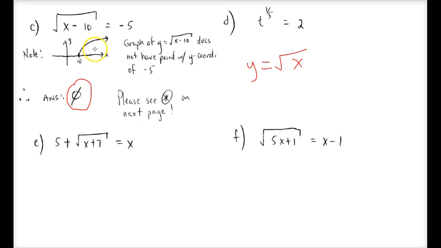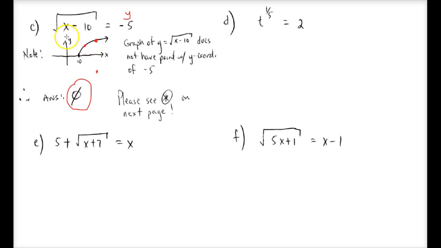And so you notice that I'm not going to be able to have a corresponding y coordinate on the graph of this particular function that's going to be negative. In other words, I'm not going to have points down here on this graph. So here we say that this is no solution because on the graph of square root of x minus 10, there is no point that is below the x-axis, okay?